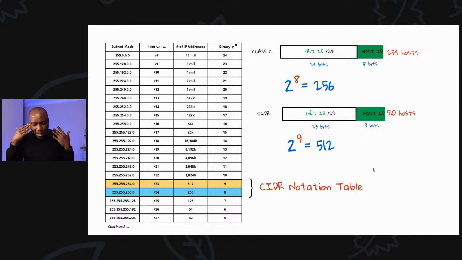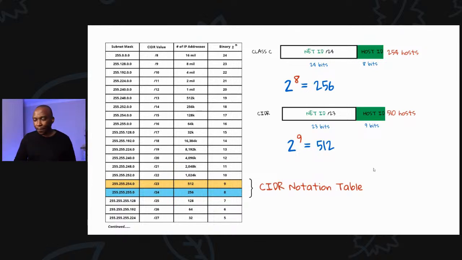In your mind, you should know how many hosts we are looking at in that particular subnet. And remember earlier on I said to you, just learn to count in twos. 1, 2, 4, 8, 16, 32, 64, 128, 256, 512, 1024, 2048.